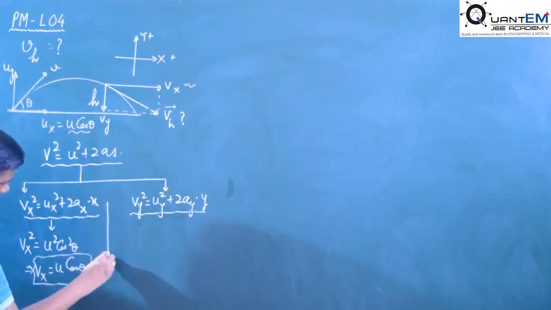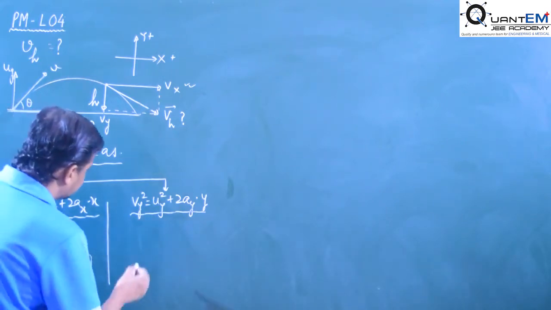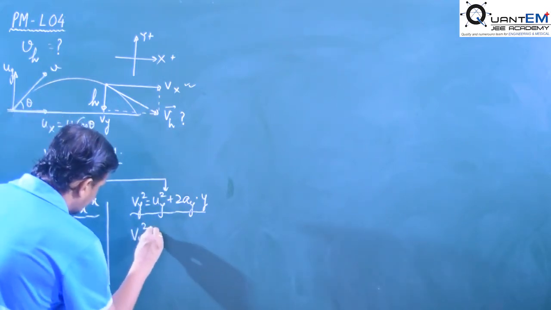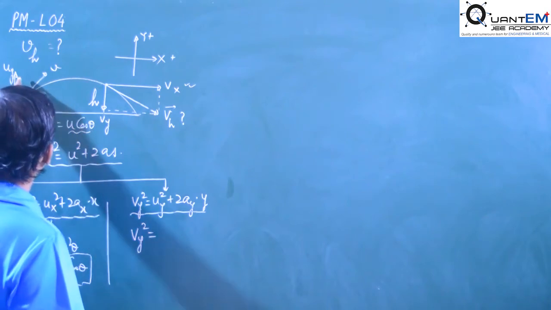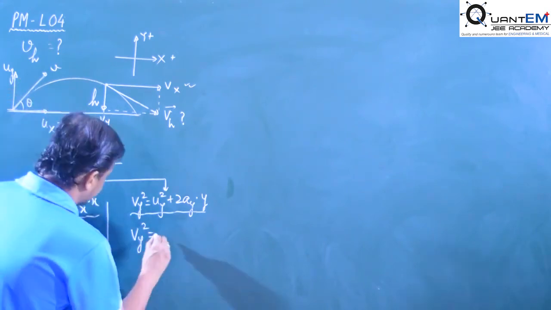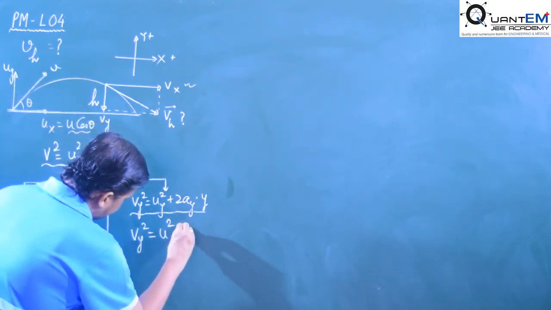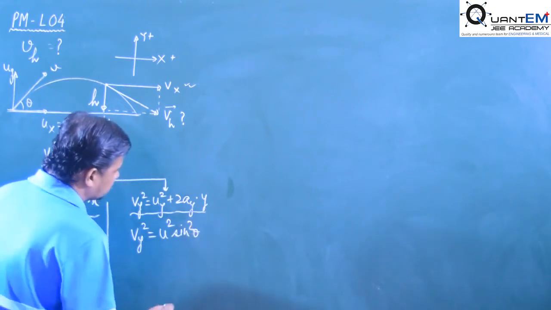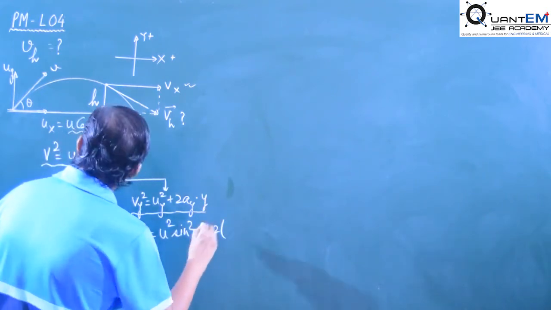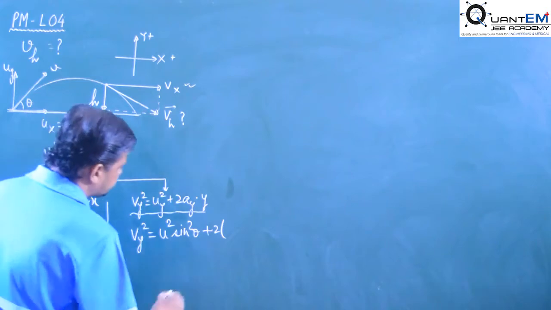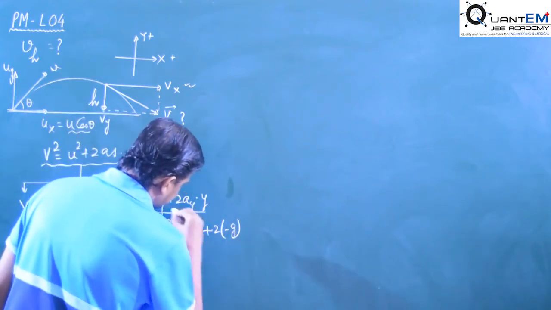Now we come to the vy part. So vy square we have, uy is u sin theta, so we have u square sin square theta plus 2 ay, and ay is minus g.